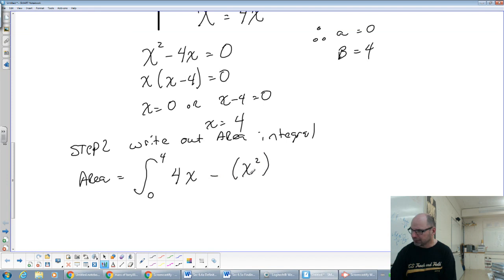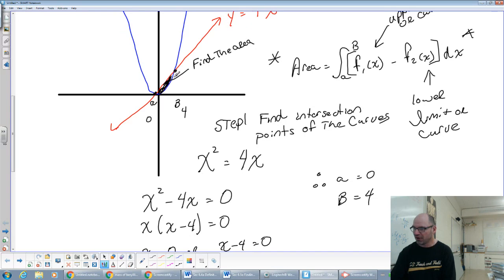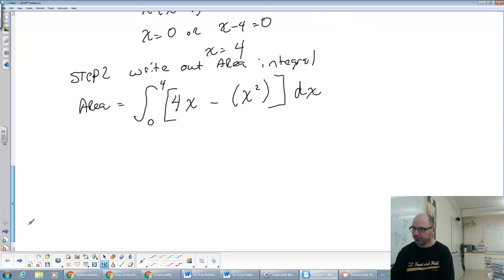I put it in brackets because it could be like x squared plus 5 or something, dx. X squared is the lower limit, right? It's the lower curve. Okay, so then we perform in step 3, we work out the integral.